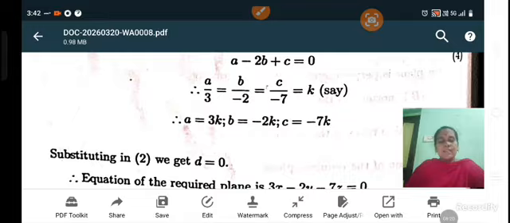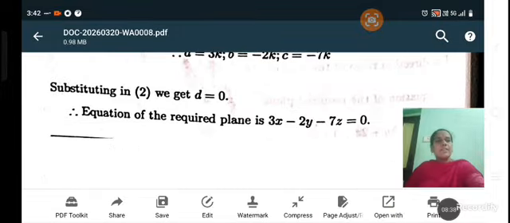Minus 3 minus 4 plus 7 plus t is equal to 0, which implies t is equal to 0. Substituting in the plane equation, we get minus 3x plus 2y plus 7z is equal to 0, which is the required plane equation.